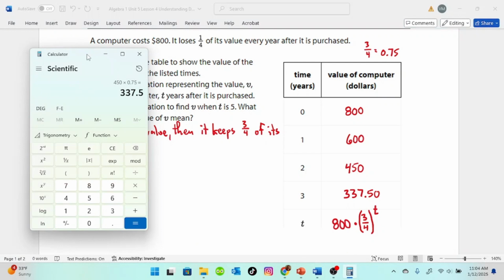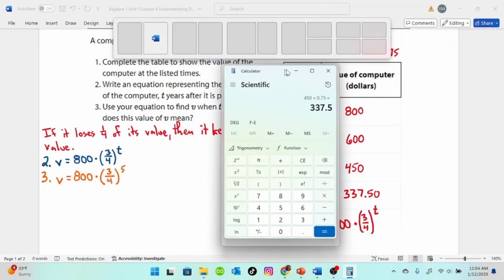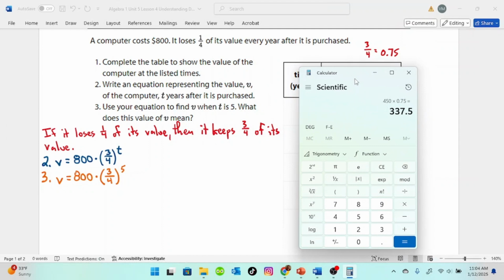Now I can bring up my calculator and I can say 0.75, which is the same as 3/4. And now I want to use this button here that says x to the power of y.